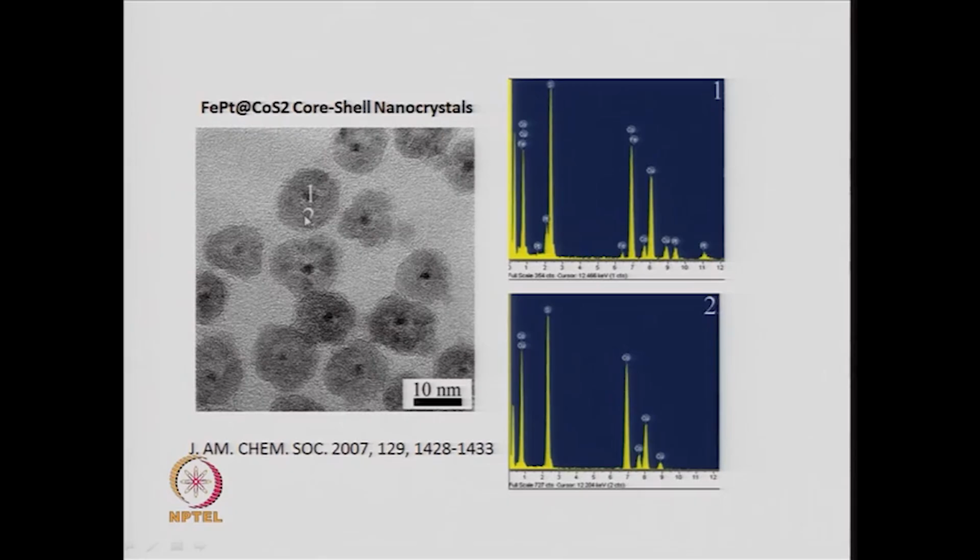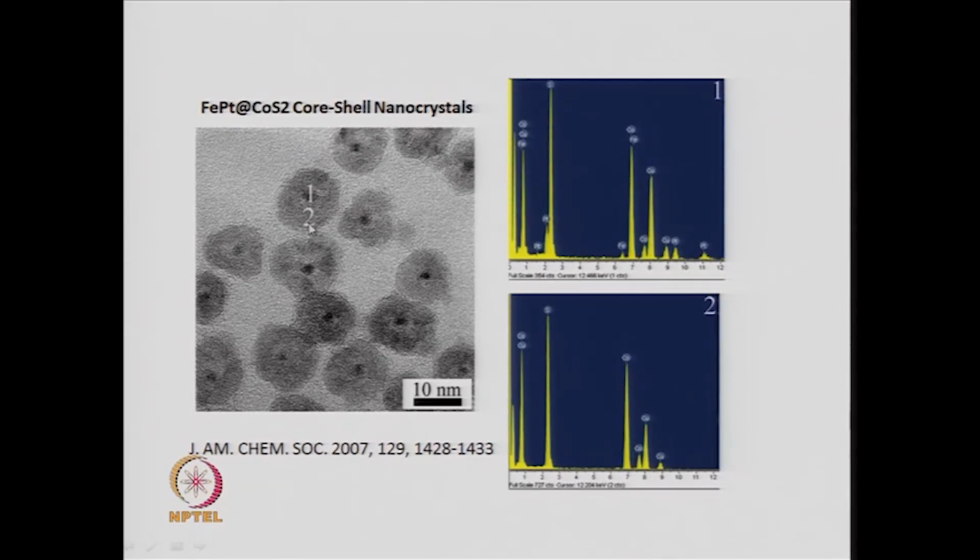And if you take the EDAX from the center of the sphere, that is point 1, you will get an EDAX which will show you iron, platinum and cobalt, all three, and the copper comes from the grid.